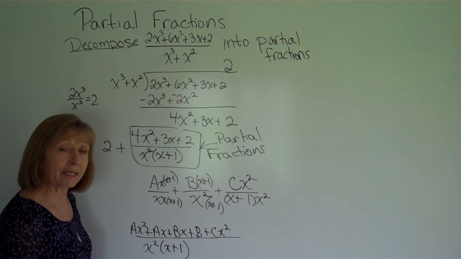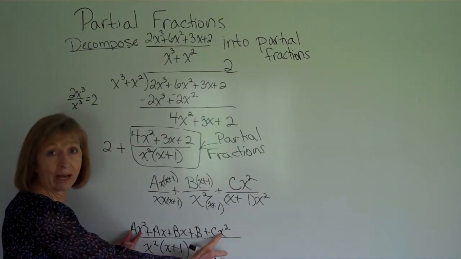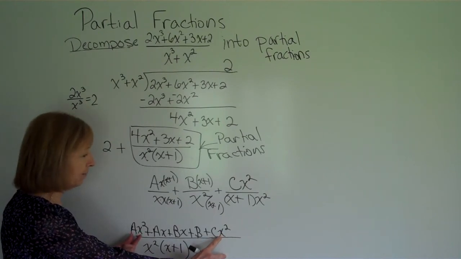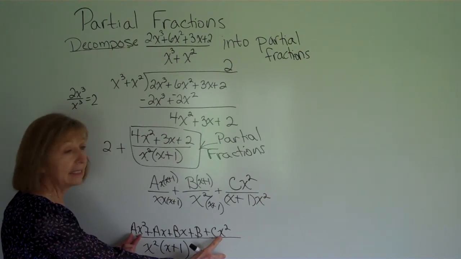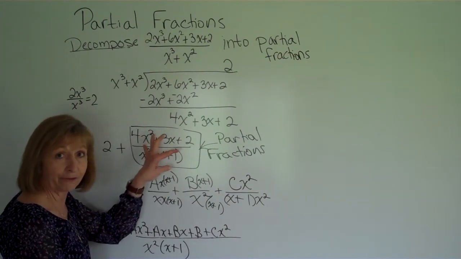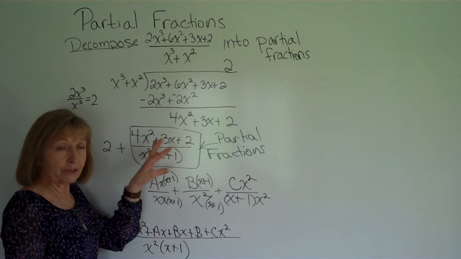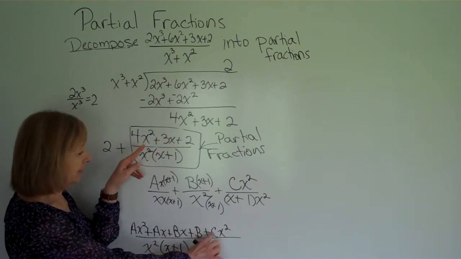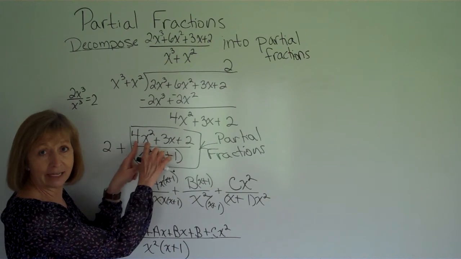Okay, then remember from here, we find the like terms with the same power on the x and factor that power of the x out in front. So a plus c would be multiplied to x squared. And this is where our partial fraction is that we're working on. What we want to break apart is partial fractions. So a plus c in front of the x squared has to be the same as the number in front of the x squared here.